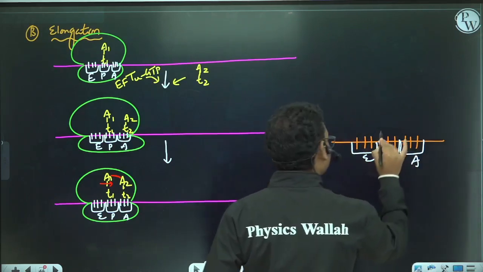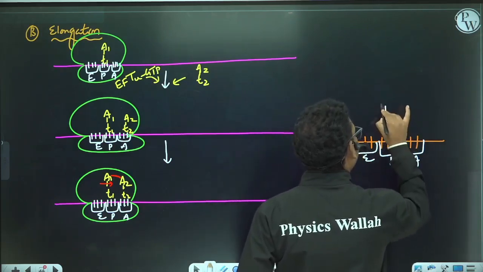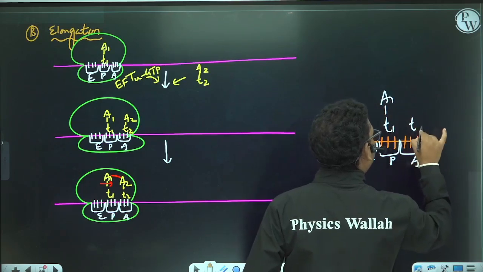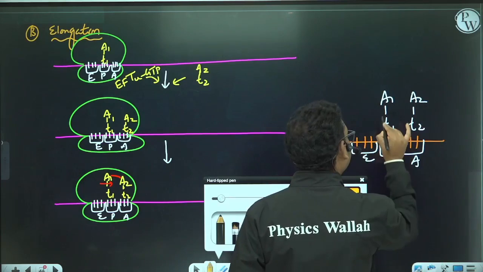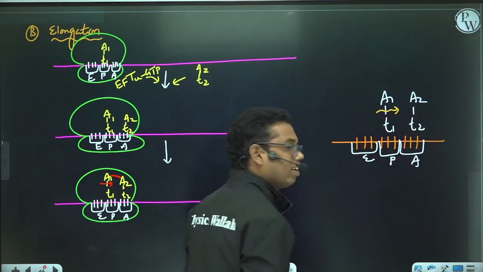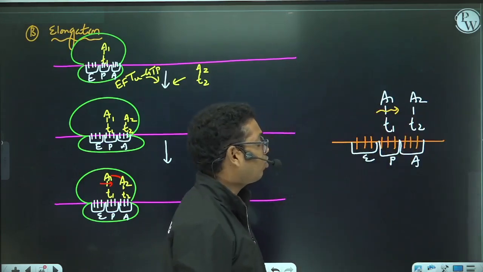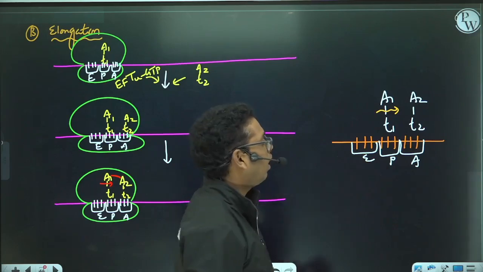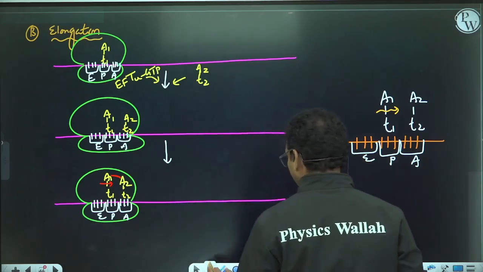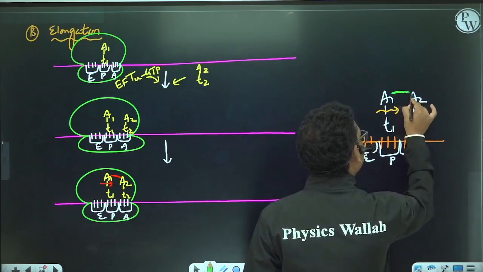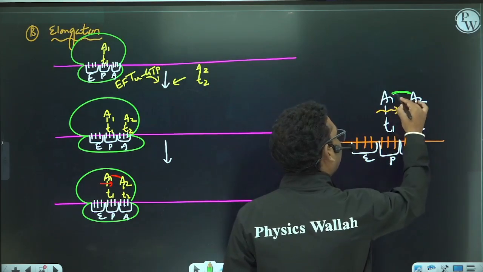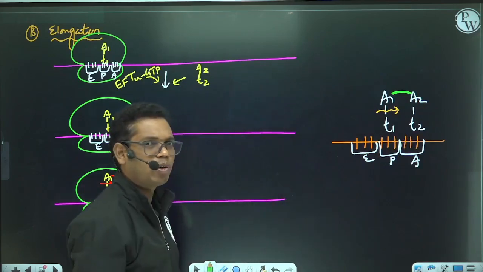So here I have tRNA first, amino acid first, tRNA second, amino acid second. What is happening? This bond will break, that will release energy at the P side, and that energy will be used to form a bond between these amino acids, and this bond is called the peptide bond.